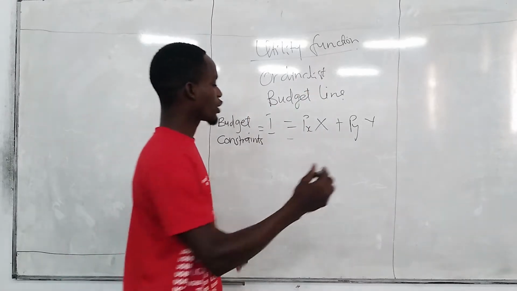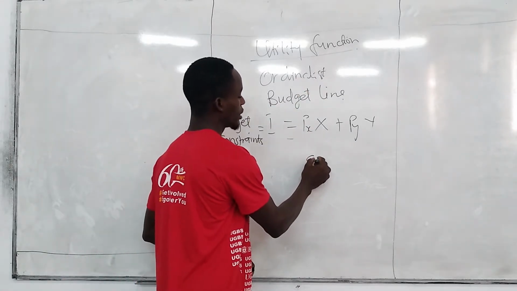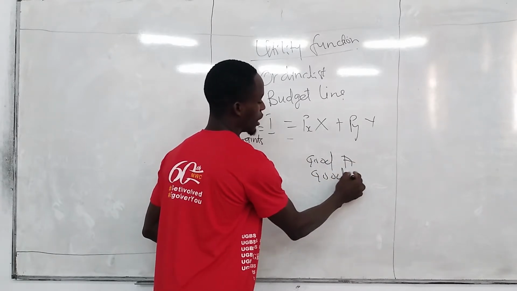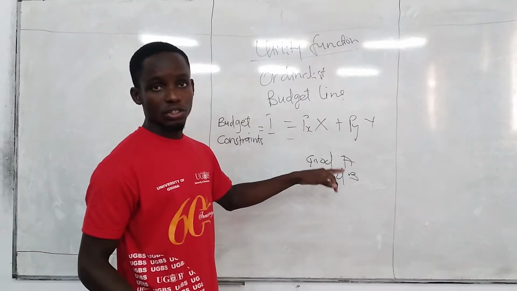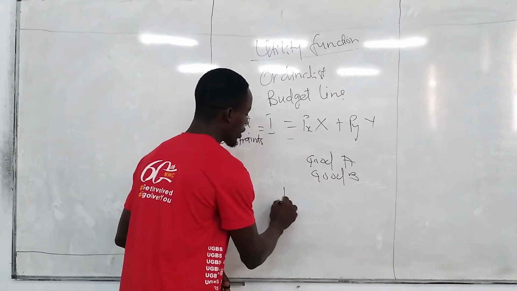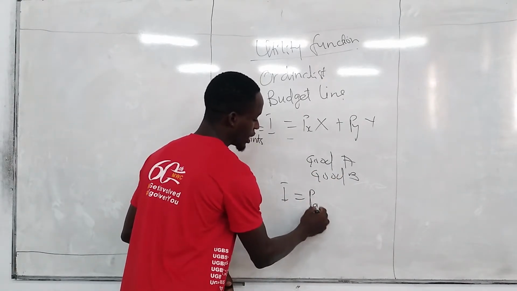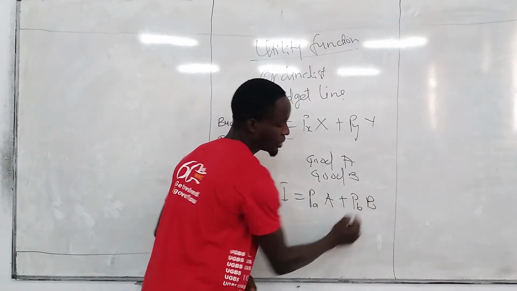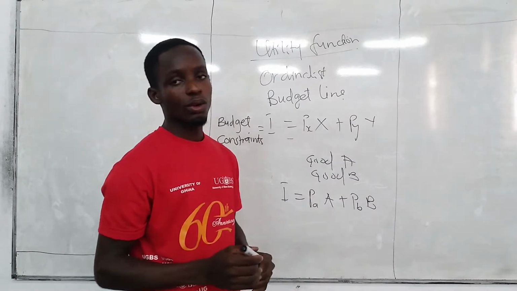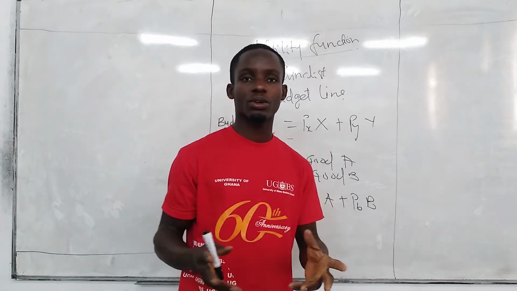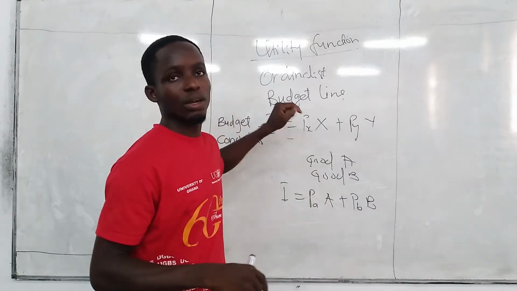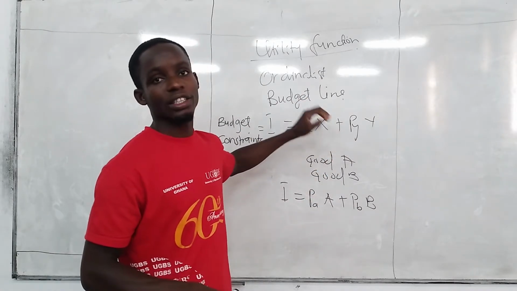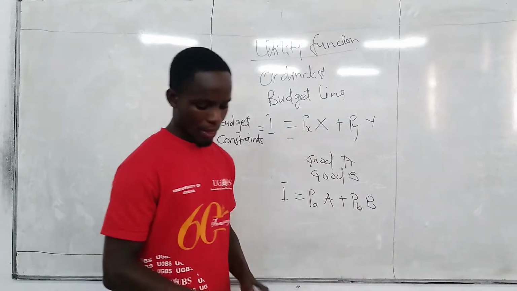But in cases where you are spending your income on, let's say, good A and good B, your budget constraint is going to change, and you are going to have your income equals price of A plus price of B. So please note, when you go to the exams and you are asked to state your budget constraint, it should be stated based on the commodities in the question, and not what you normally know as X and Y.